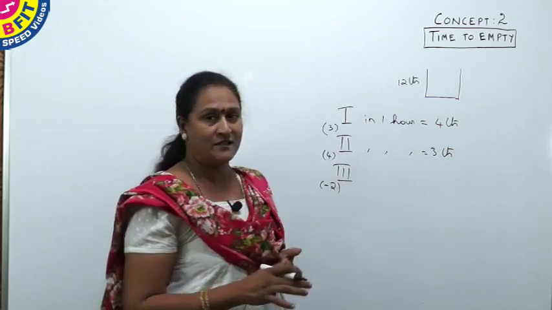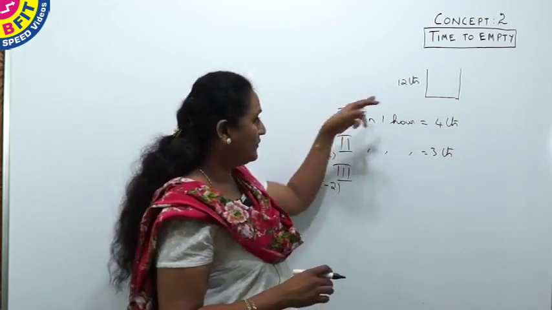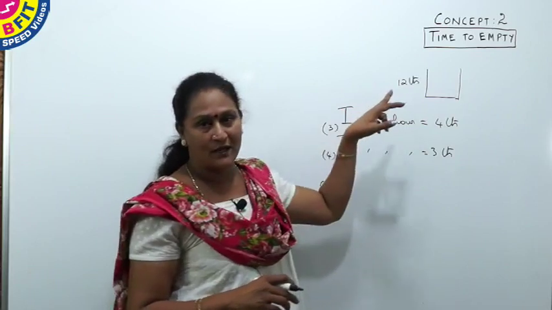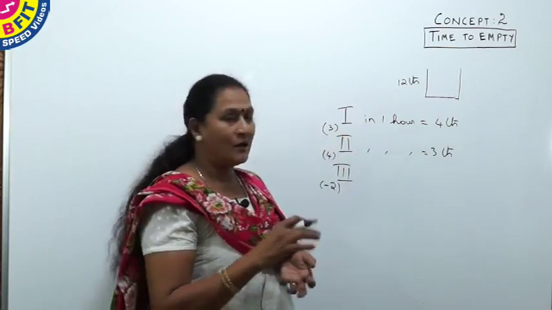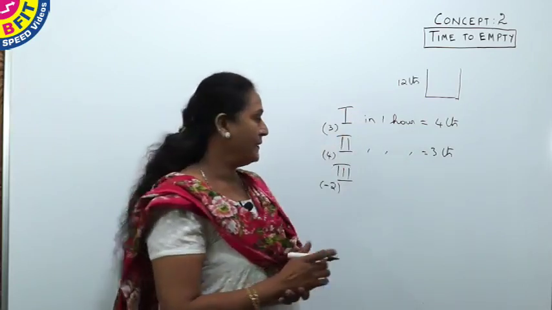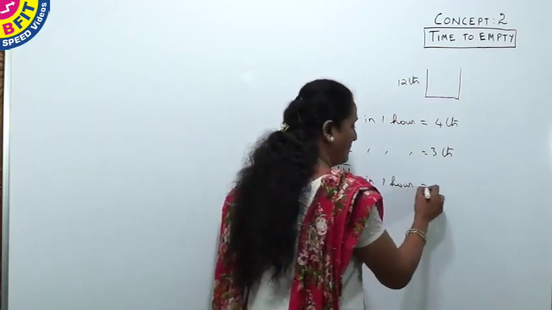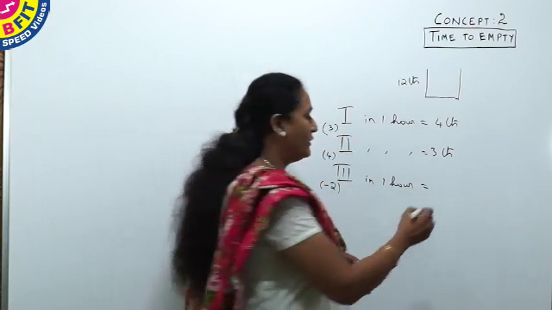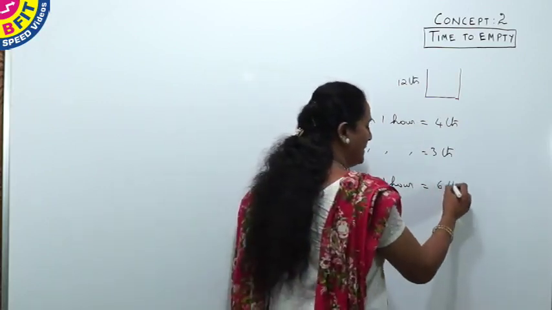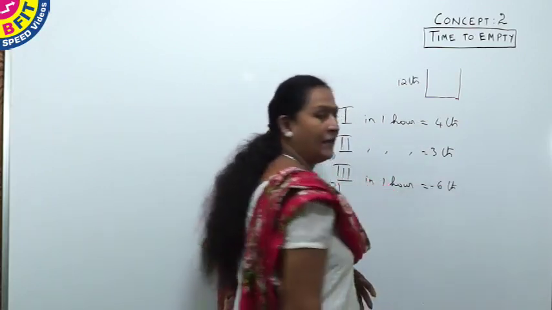And the third pipe empties the cistern in 2 hours. If this third pipe empties a 12 liter tank in 2 hours, how many liters can it empty in 1 hour? 12 divided by 2, it is 6 liters. As it is emptying, we'll take minus.